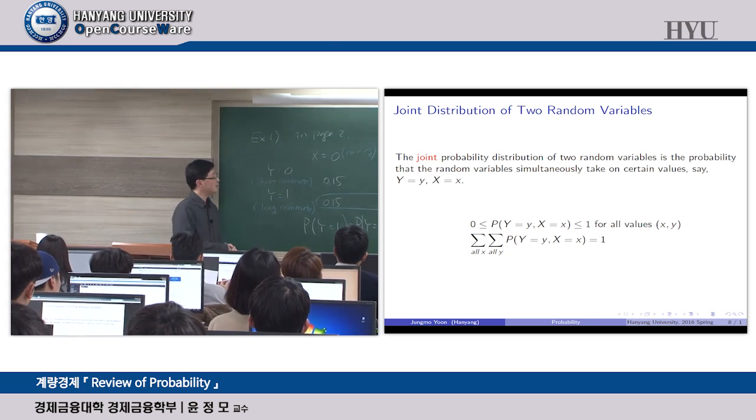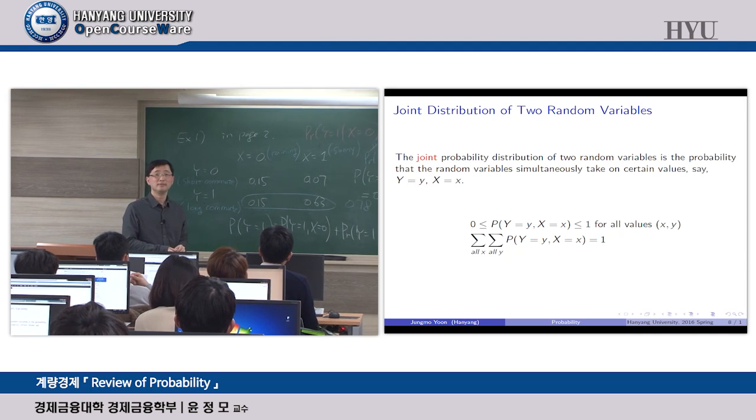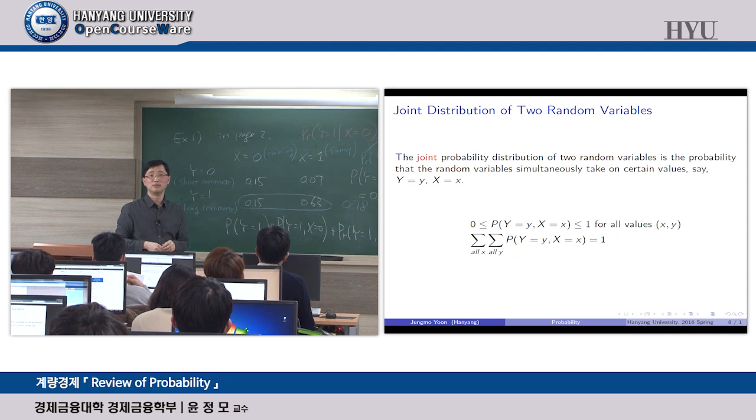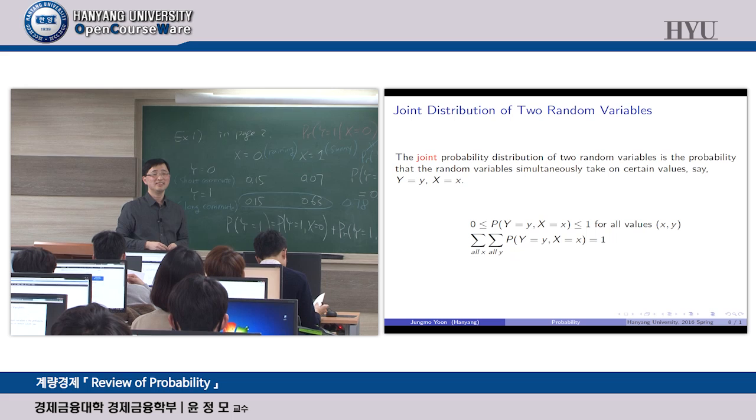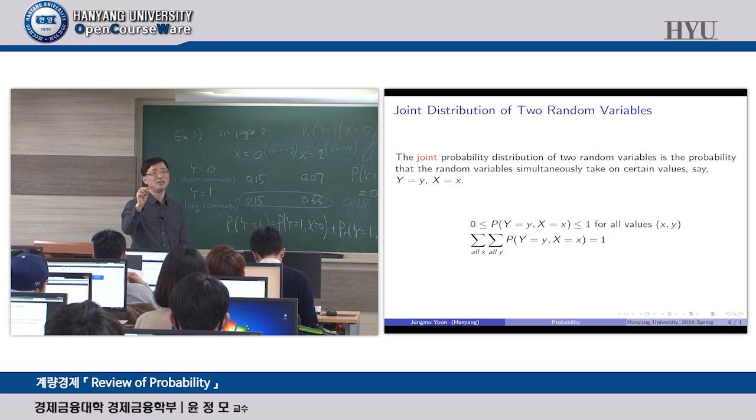By the way, how do you get the conditional? Do you remember? How do you calculate the conditional probabilities? So the formula is: conditional is joint divided by marginal.